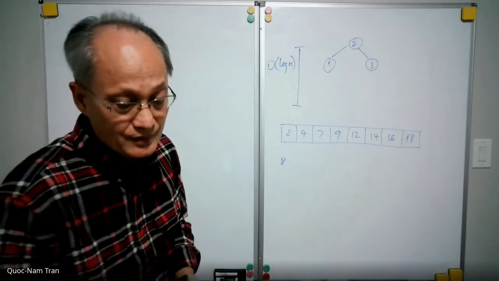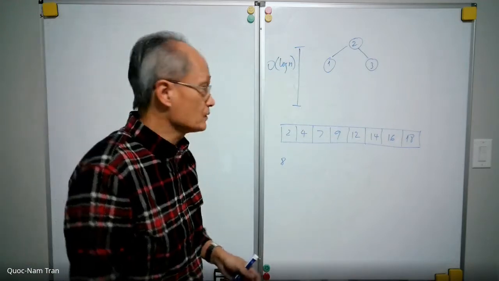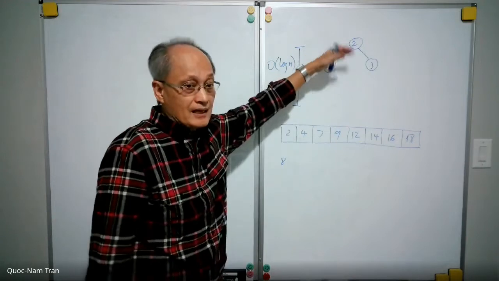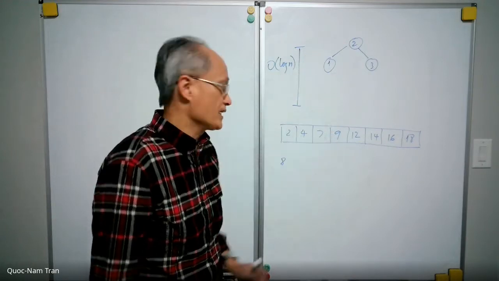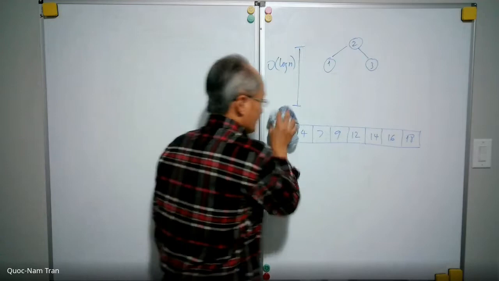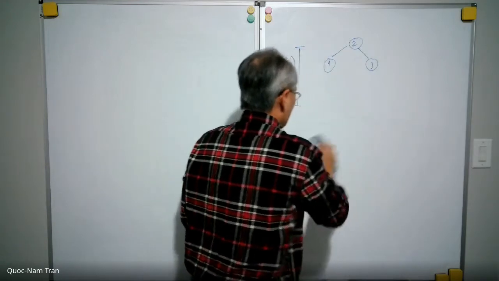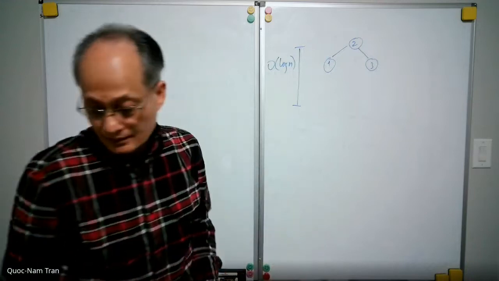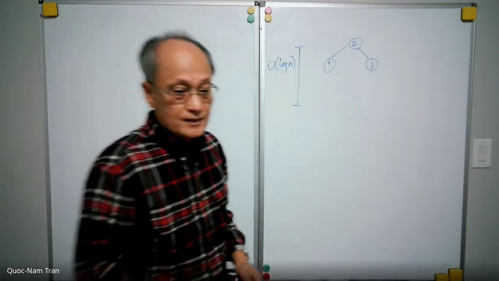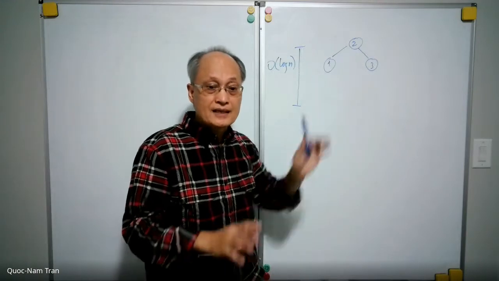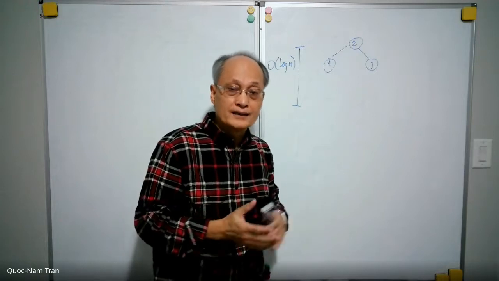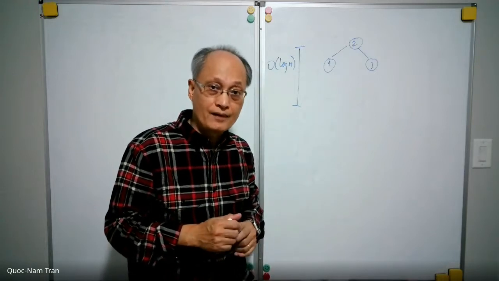However, sometimes, in the worst case, it takes n steps. Why n steps? Here is the motivation for you. First, the binary search tree is a binary tree that satisfies some order condition, as I mentioned before.